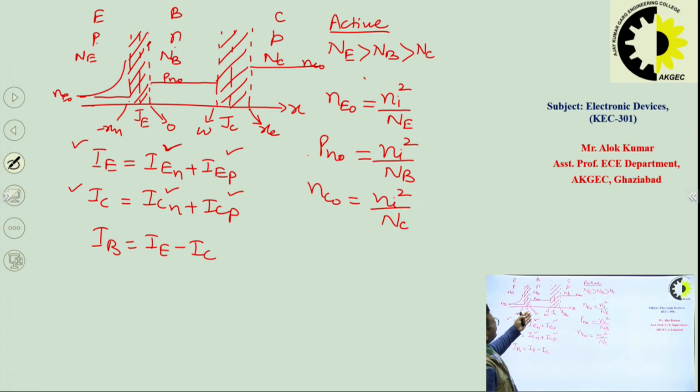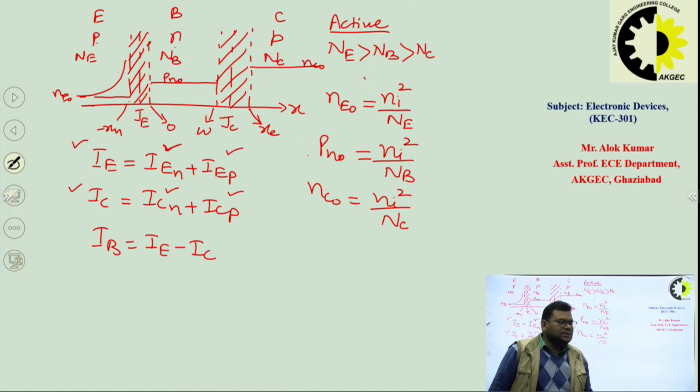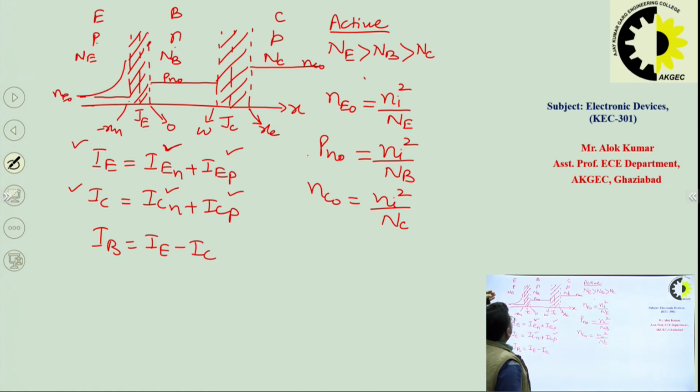As we have taken the base as N type, for the base, holes are the minority carriers, right? And holes are the majority carrier in the P side, and maximum holes are transferring to the base, right?